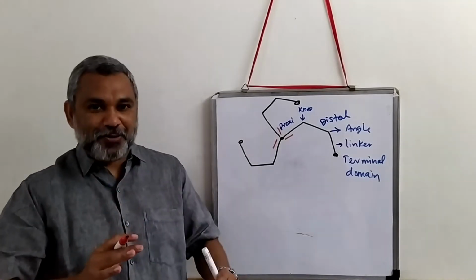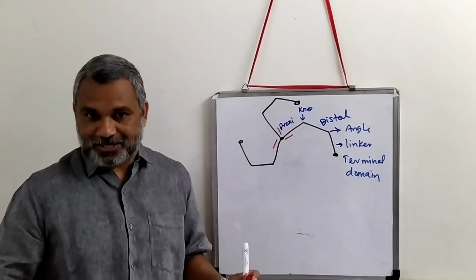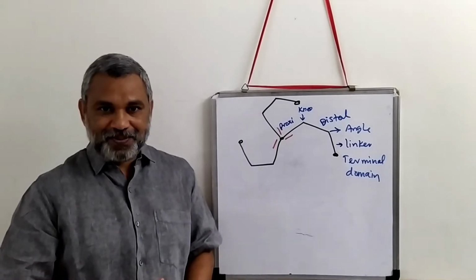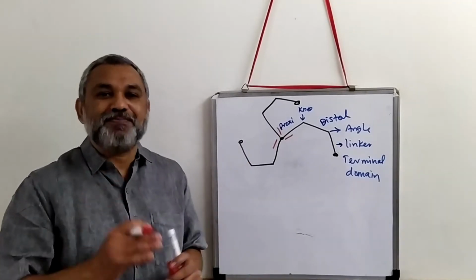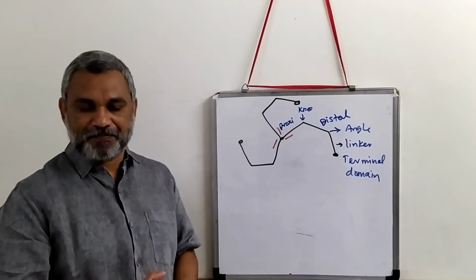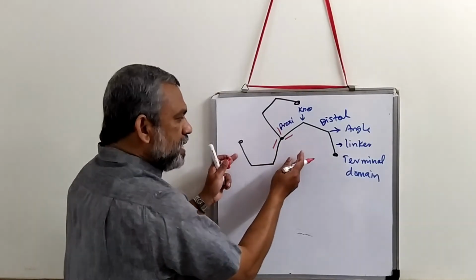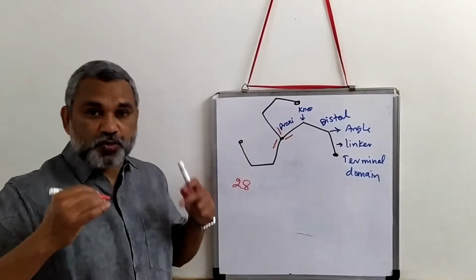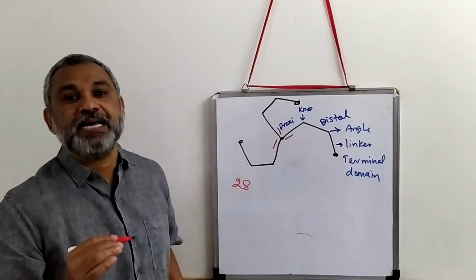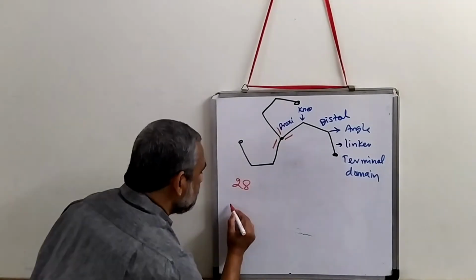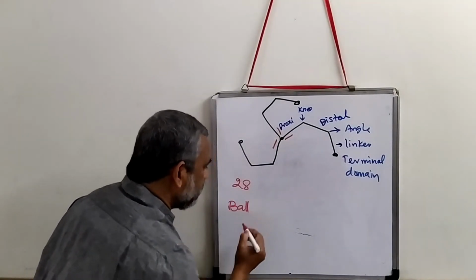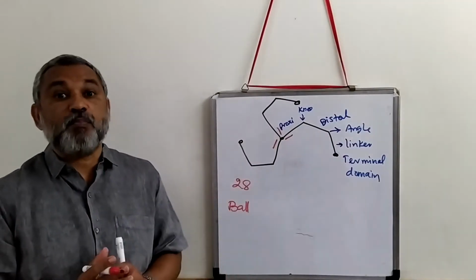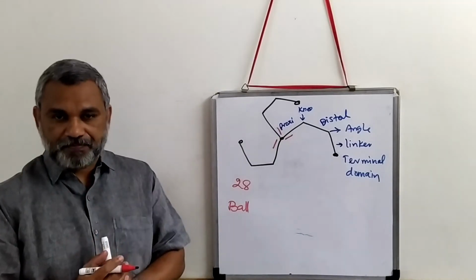Now the triskelion can be arranged in many ways. Three different arrangements are normally seen. One is that about 28 of them arrange together, and it becomes a ball-like, globular structure.